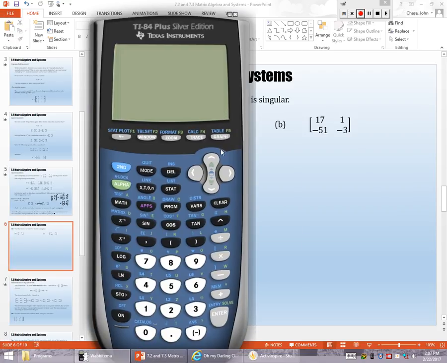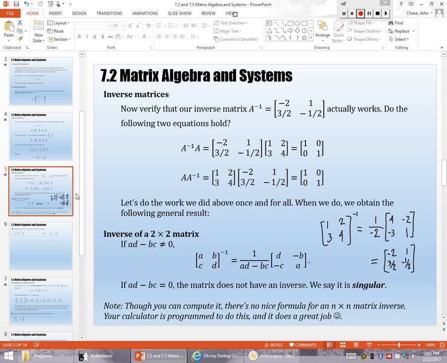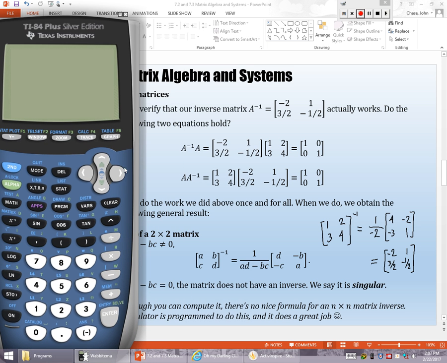Let's get our calculator to do this problem too. Let's go to A. Let's make this 1, 2, 3, 4.